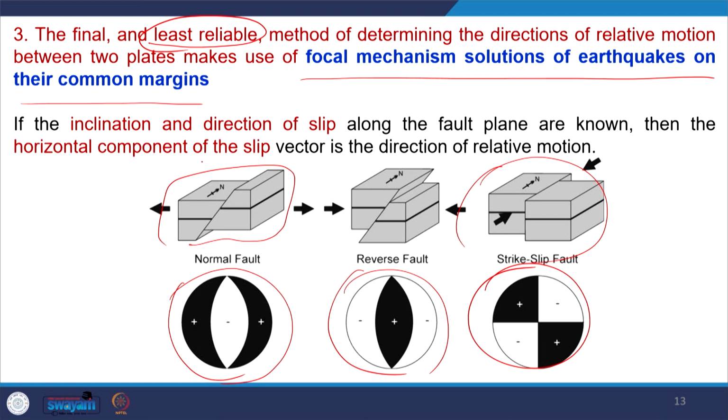If the inclination and direction of slip along the fault plane are known, then the horizontal component of the slip vector is the direction of relative motion. This is the least reliable method, and the most reliable method to determine the Euler's pole is drawing perpendiculars from the conservative plate margin, or the transform fault.